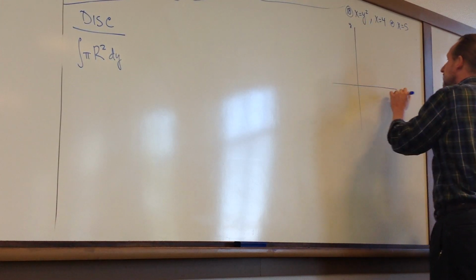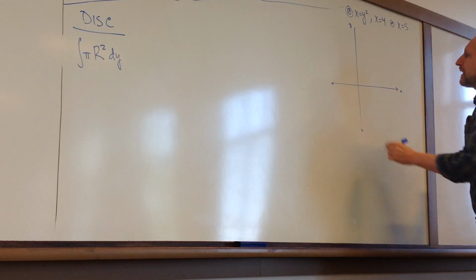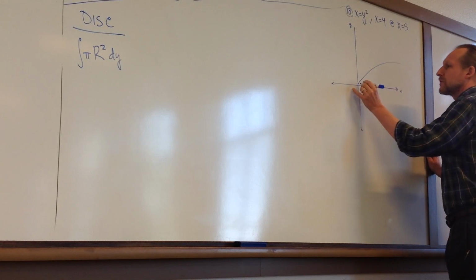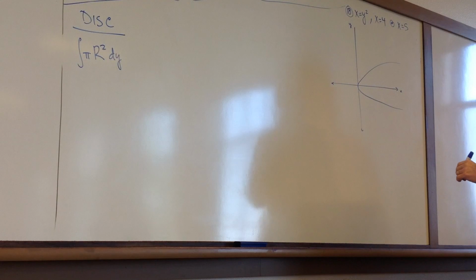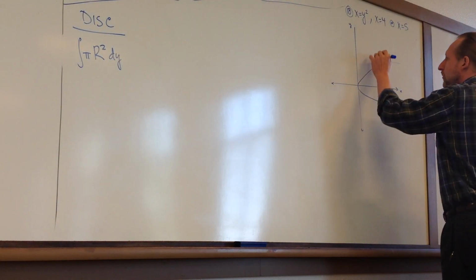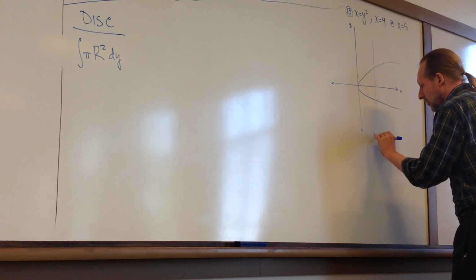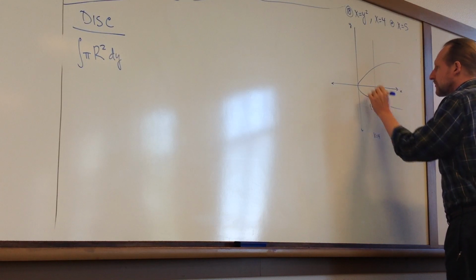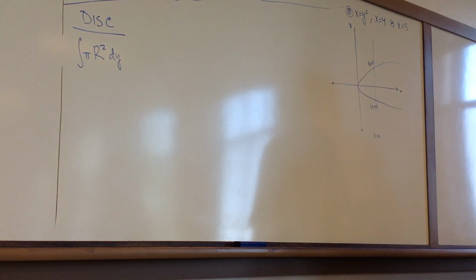Here's our y-axis. So this function, x equals y squared, is a parabola on its side. Kind of looks something like that. Let's see. x equals 4 is, let's say, right about here. And this is the point (4, negative 2), and this is the point (4, positive 2).